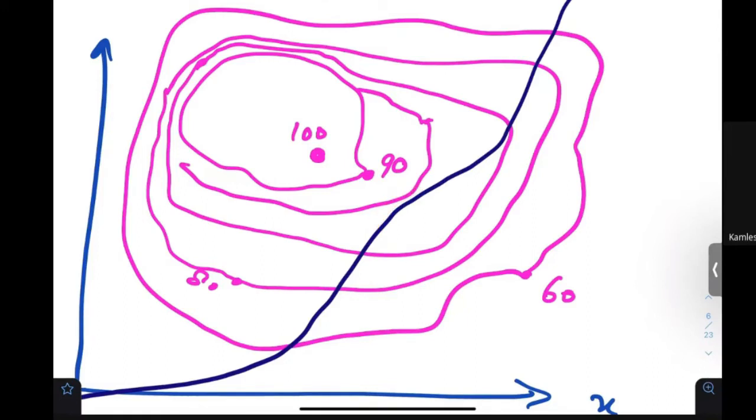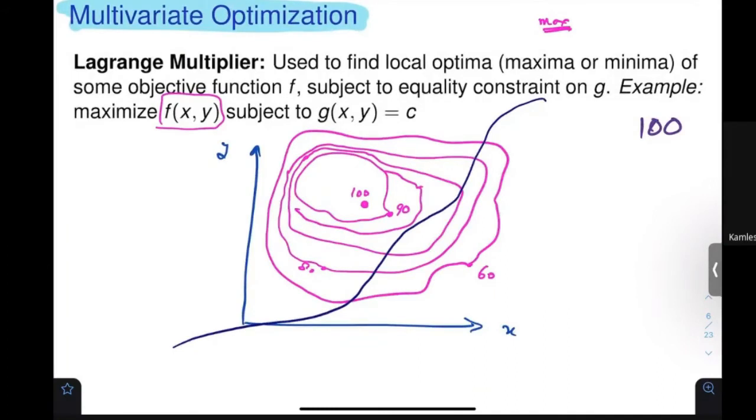Makes sense? Okay. What is the property of this particular curve? If you try to see the direction of the gradient on this contour, the gradient of the contour is this, and the gradient of the line is this.